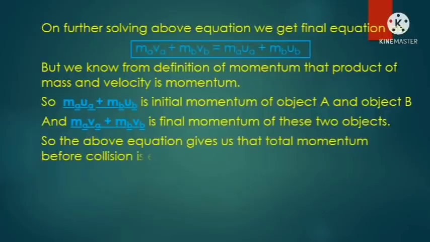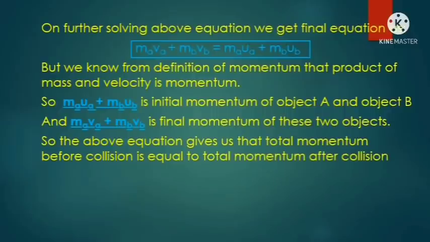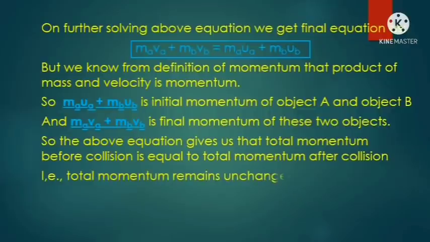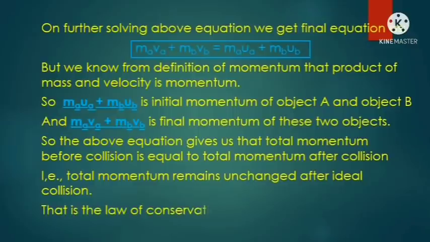So the above equation gives us that the total momentum before collision is equal to the total momentum after collision. That is, total momentum remains unchanged after an ideal collision. That is the law of conservation of momentum.